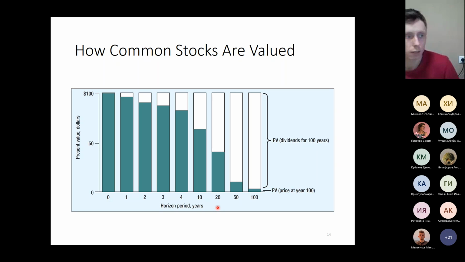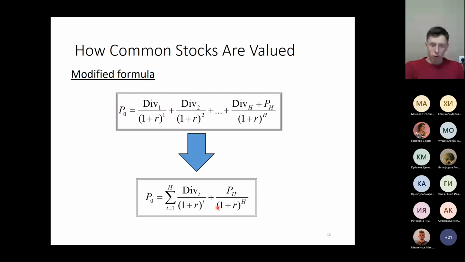Once they open, if things go fine, they should function forever. Based on this assumption, we would see that over time, the fraction of the present value of the dividends in the total price of the stock would increase.